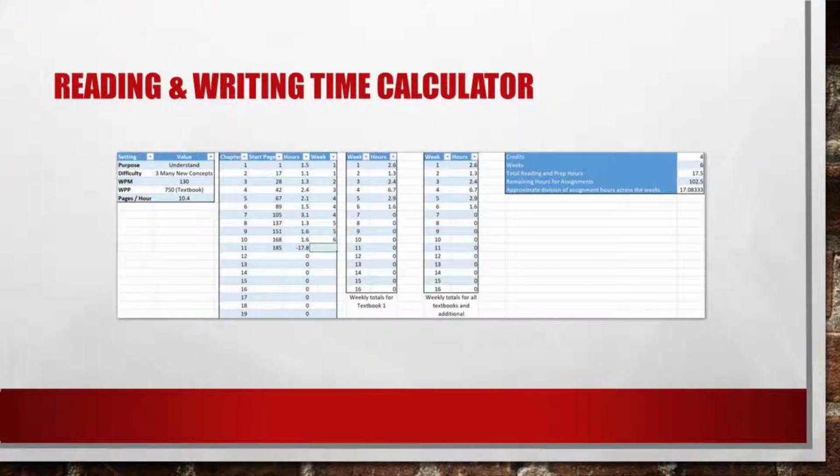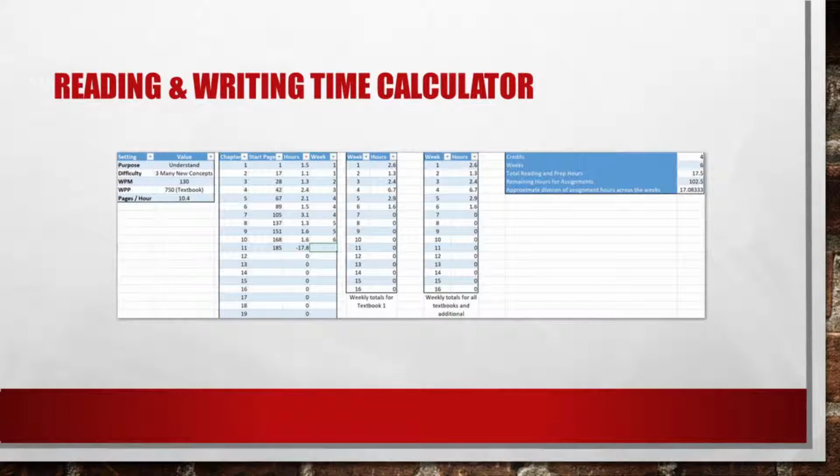So what I've done is I've created an Excel sheet that we use that breaks down the same data in a way that we can actually use at the learning object level. The sheet includes 4 different pages that can be used to look at a textbook. In this case, we can pick the purpose and the difficulty that generates a words per minute. We can then pick the words per page, the page density.